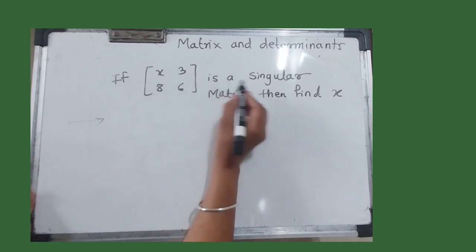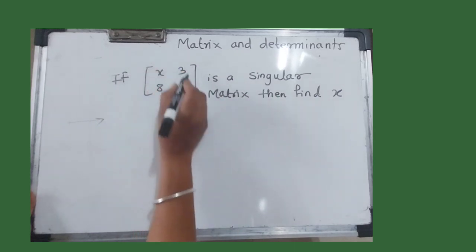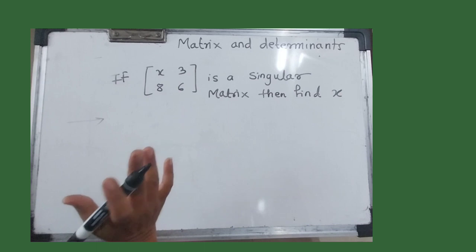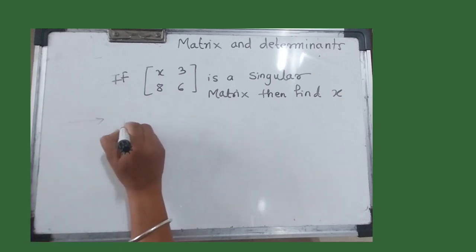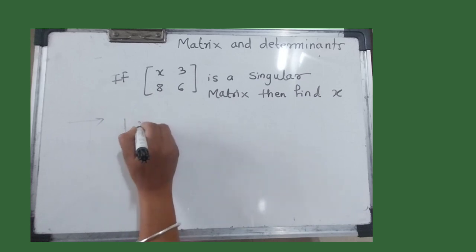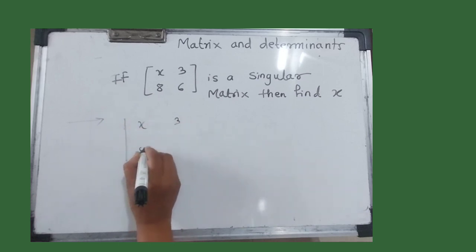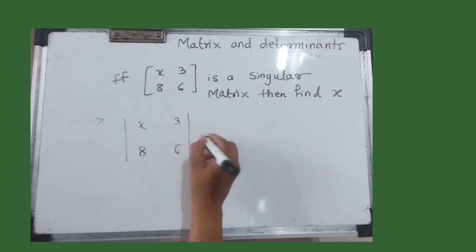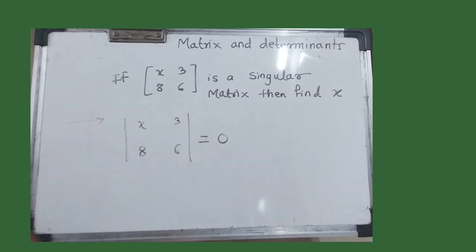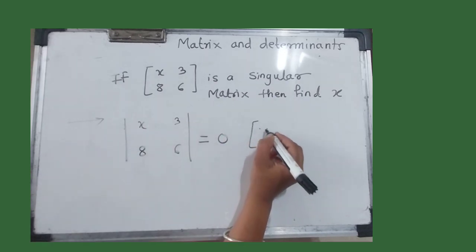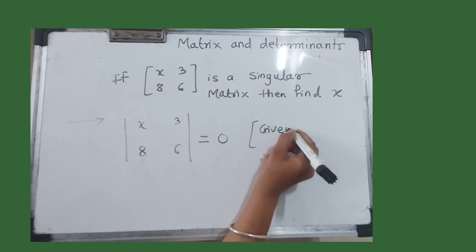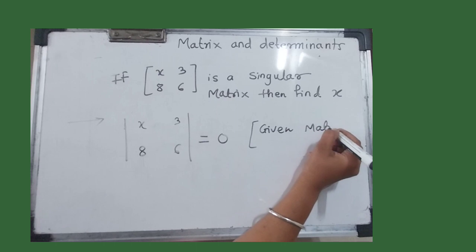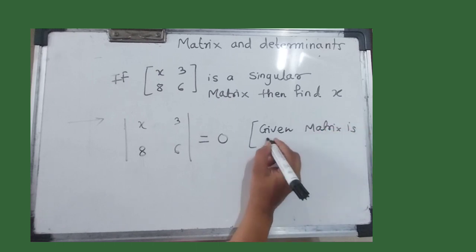What they said, it is a singular matrix. This matrix is a singular matrix, and we know the definition of singular matrix. What is the definition? Determinant of [x 3; 8 6] is equal to 0, because the given matrix is singular.